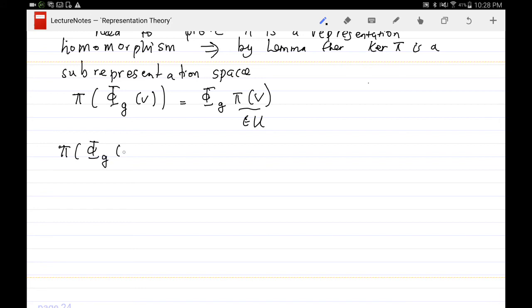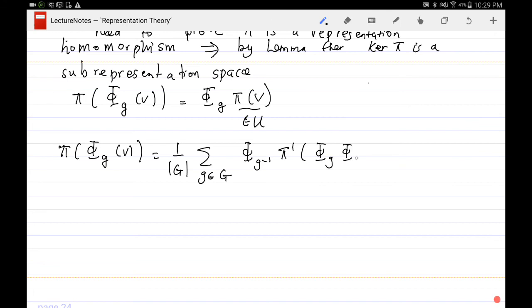So we do this calculation. We have the summation over g in G and the projection onto, sorry, let me make this h.